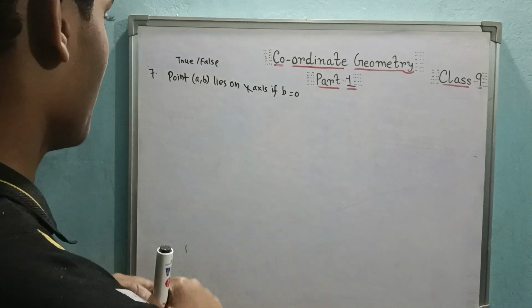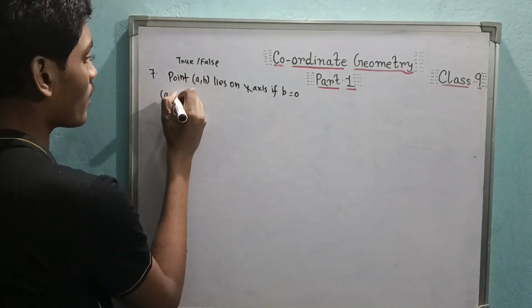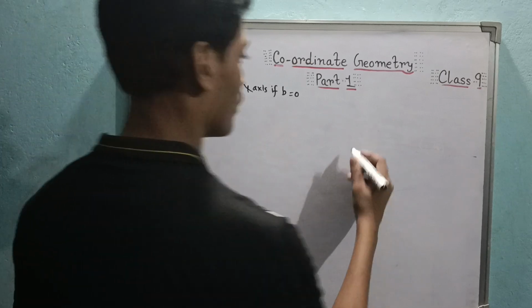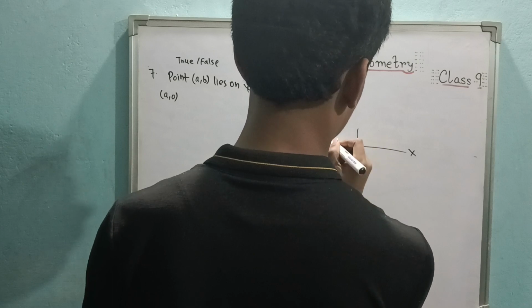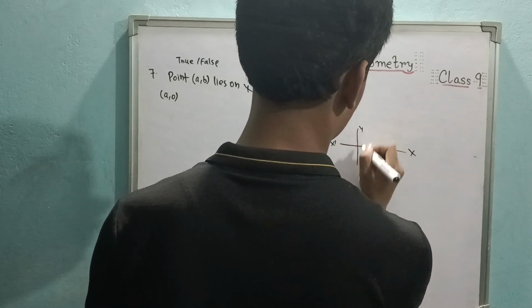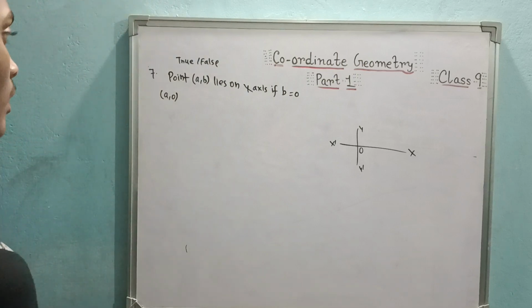Alright. So if b is 0, that means the point is (a, 0). So if I draw a Cartesian plane, x dash y dash o, that means the ordinate is 0, and we know ordinate lies on the y-axis.